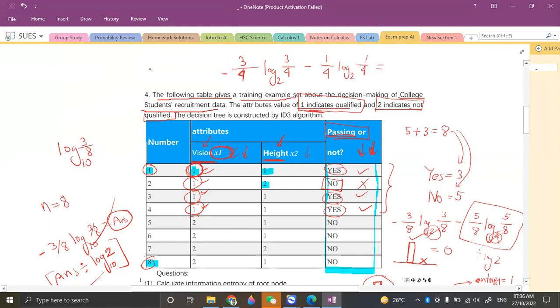So this is the first conditional entropy for vision, that means for x1 equals 1. I use another color to write this one: x1, 1. This is the first conditional entropy. So if you see here, we have the result.